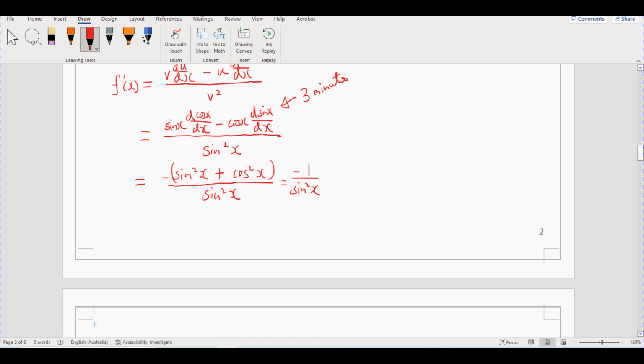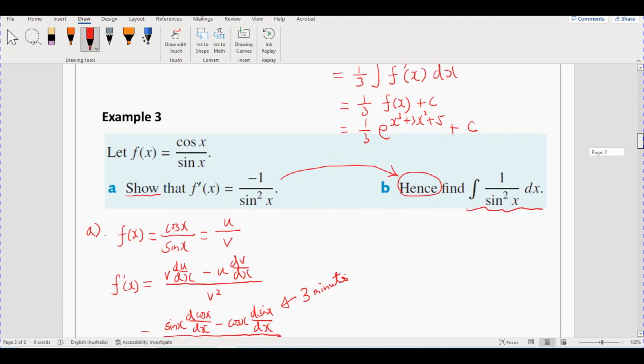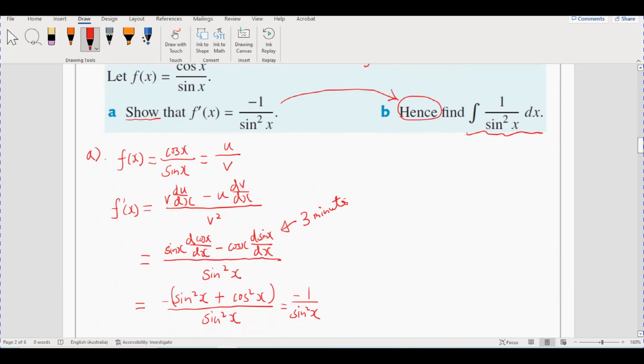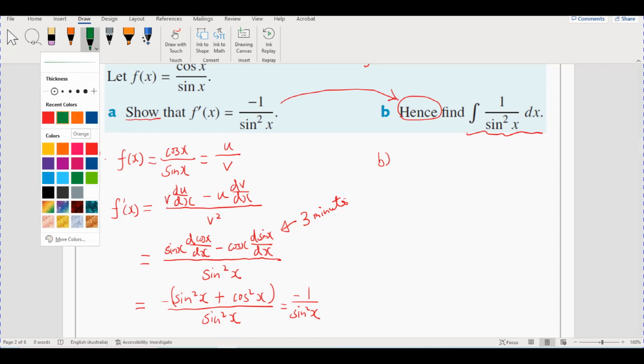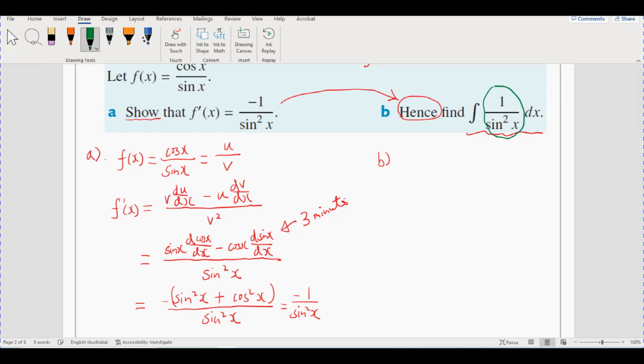Okay, so that derivative actually equals minus sine x, minus sine square x. Okay, so let's try to get b done. Once you've got minus 1 over sine x, you see you need to find the integration of 1 over sine square x. So you need to compare that, 1 over sine square x, with minus 1 over sine square.